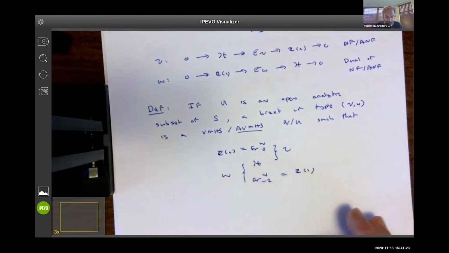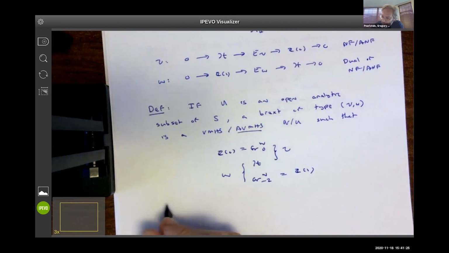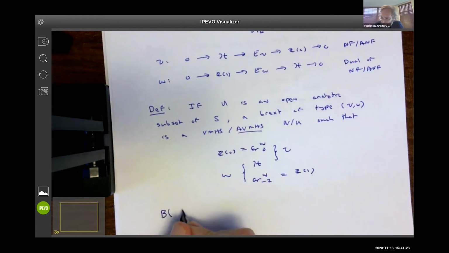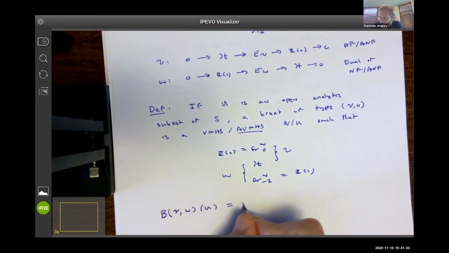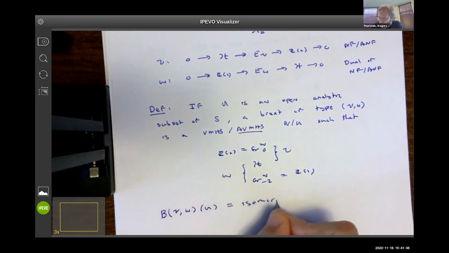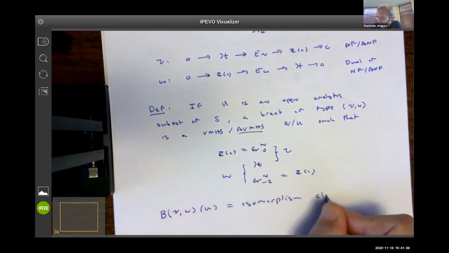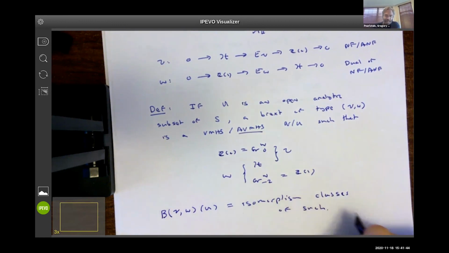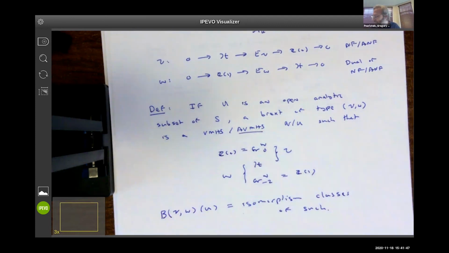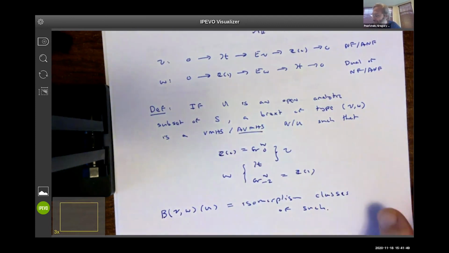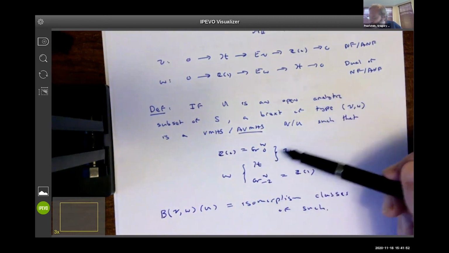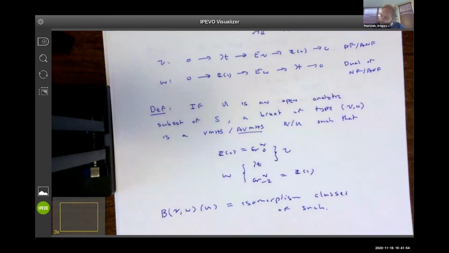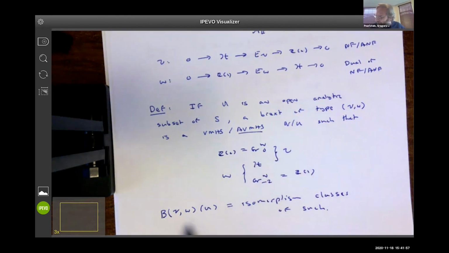And then B of nu omega U is equal to the isomorphism classes of such. Basically what I'm saying is that if you give me two normal functions, I get these kind of isomorphism classes of variations.